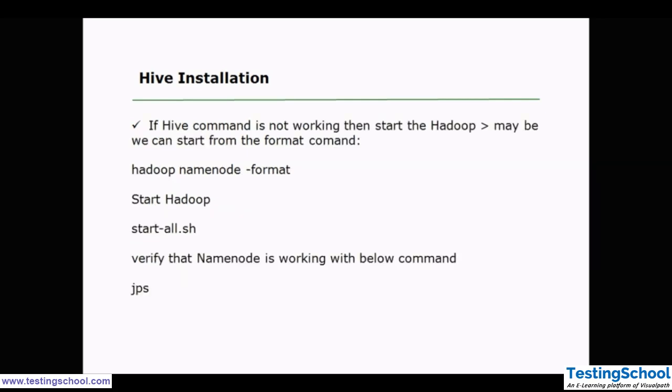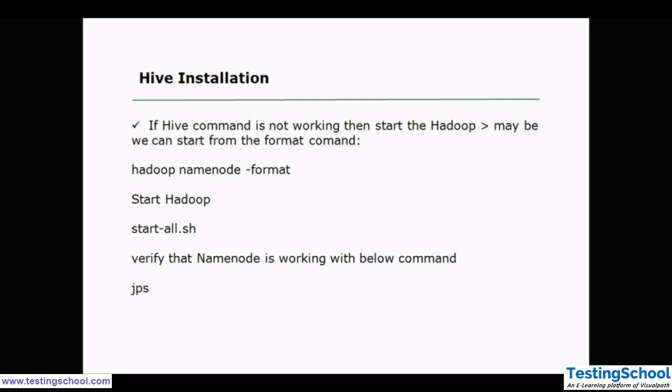But first, make sure your Hadoop is running properly on your terminal. You can verify that using jps. If Hadoop daemons are not displaying, then you can start your Hadoop using the start-all.sh command. This is how you can install your Hive.